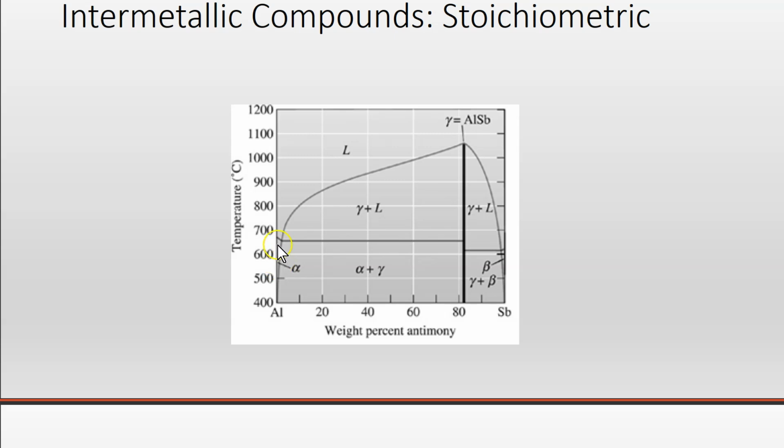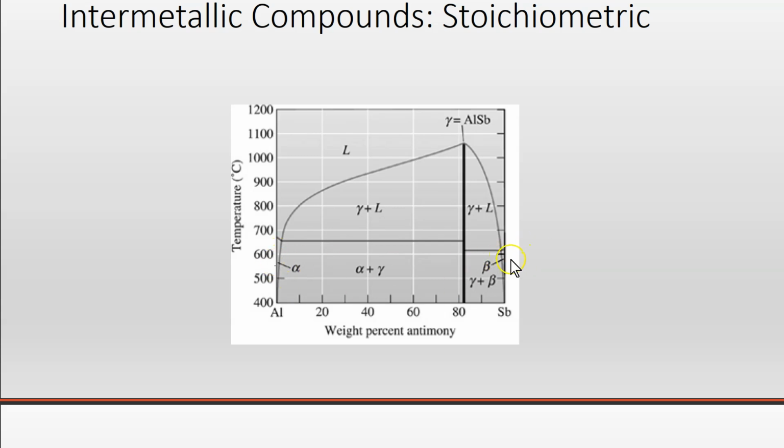You see that alpha here is what's called a terminal solid solution because it is right up against the axis that corresponds to 100% aluminum in this case, or 100% of any one of the components. Another terminal solid solution we see is beta. Alpha is the aluminum-rich solid solution, and beta is the antimony-rich solid solution.